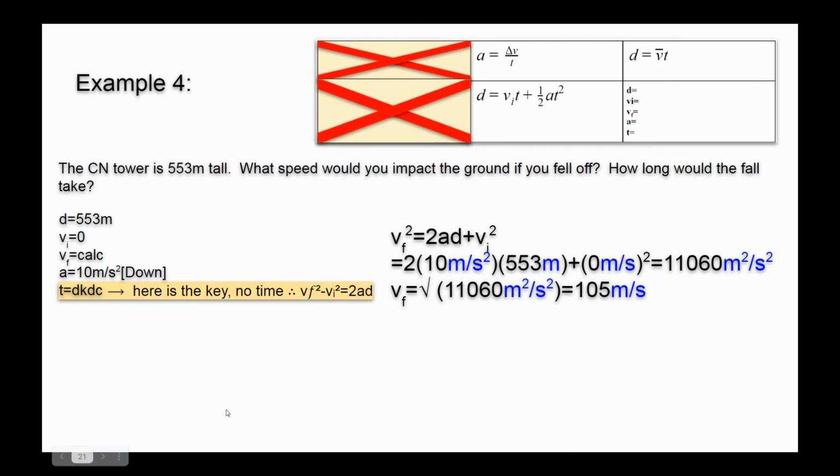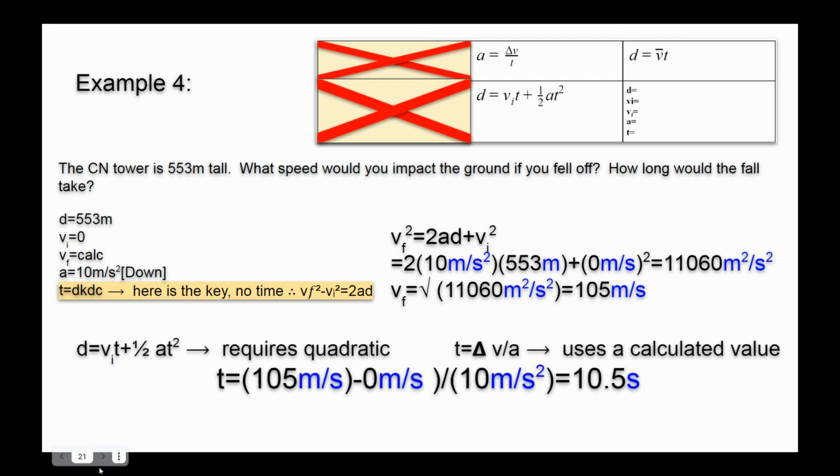So that first equation, you can't use it to find time, because it doesn't even have time in it. So we're starting to run out of equations. What ones are left that would allow us to solve for the final time? Well, this one requires the quadratic. Who wants to do that? This one here doesn't need the quadratic, but it does have a flaw. It's using a calculated value.